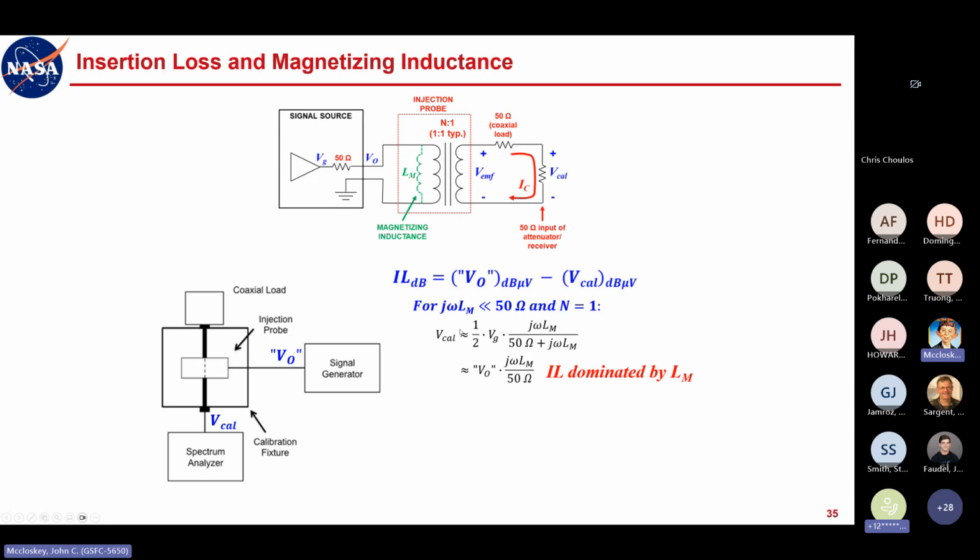So the insertion loss is dominated by the physical loss of the probe in the form of this magnetizing inductance. Now at high frequencies, when the inductive reactance is much greater than 50 ohms, where you can basically take it out of the circuit, and we assume no physical probe loss, then my apologies, I kind of skipped a step here.